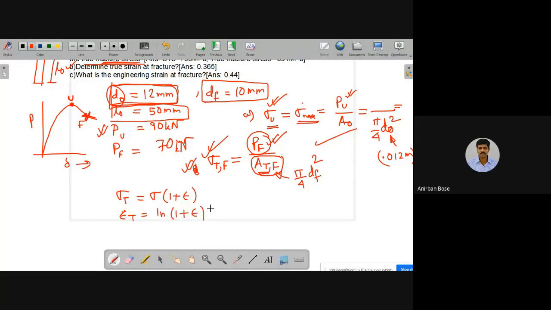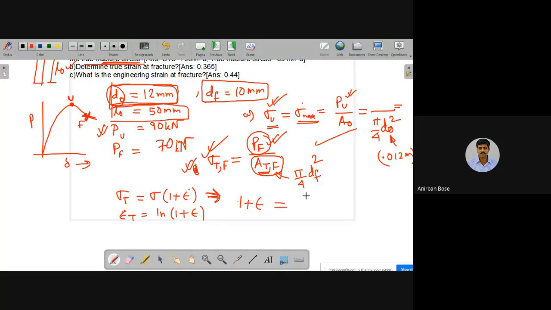Now, what we can do is find out 1 plus epsilon from the first equation. What is 1 plus epsilon from this equation?